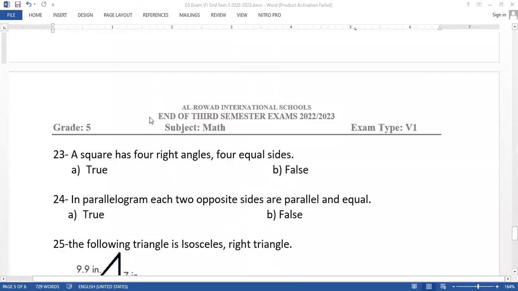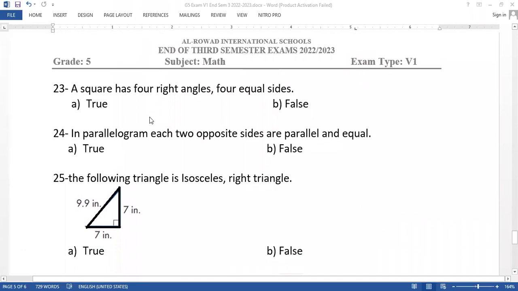Next question. A square has 4 right angles, 4 equal sides. Yes, of course. You know the square. 4 equal sides, 4 right angles. True. And a parallelogram, each two opposite sides are parallel and equal.